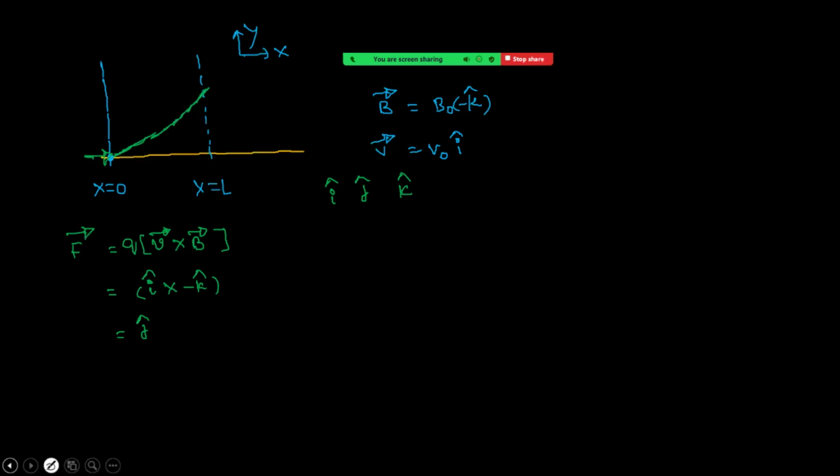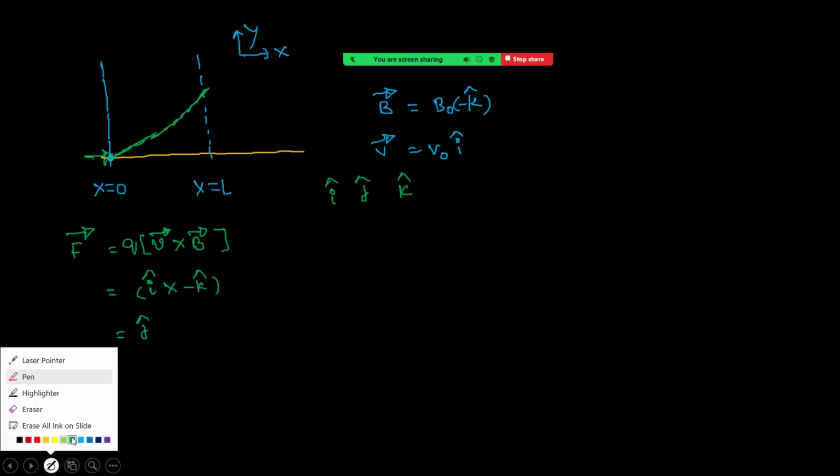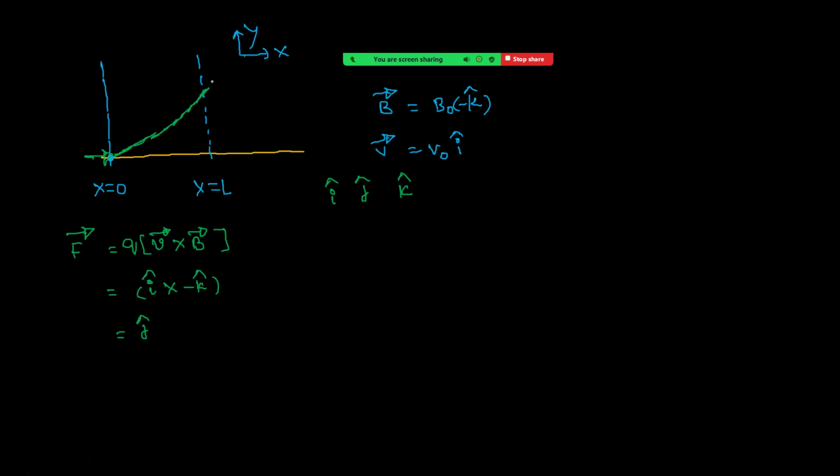So condition is given that its velocity vector makes angle 30 with initial velocity. This is now final velocity that makes angle 30 with initial velocity.